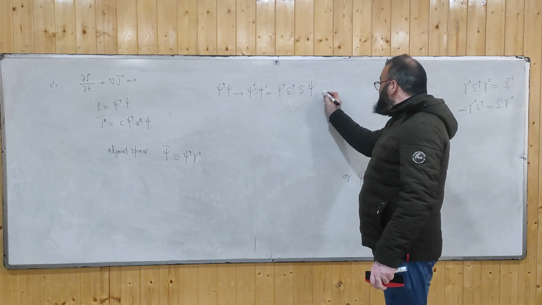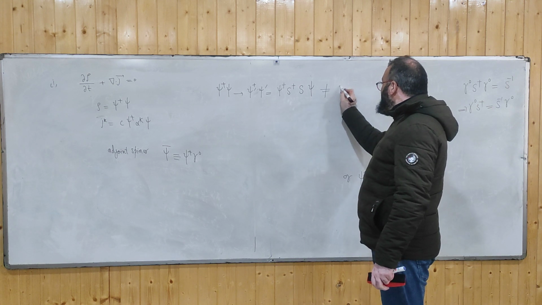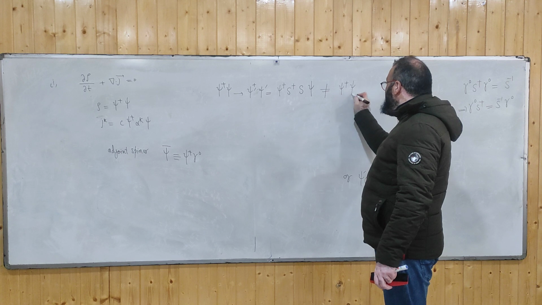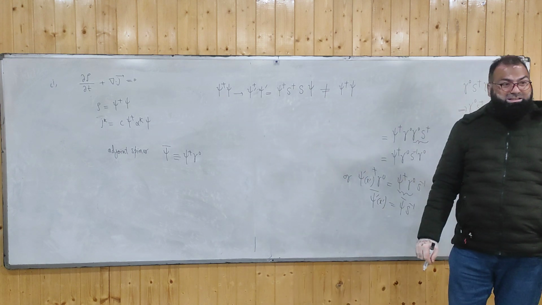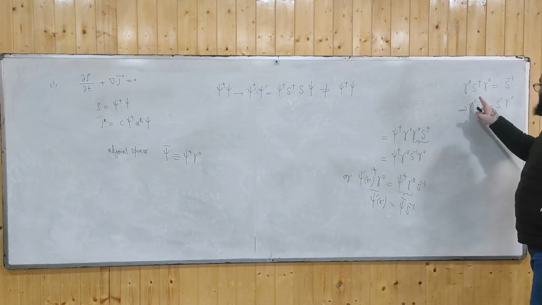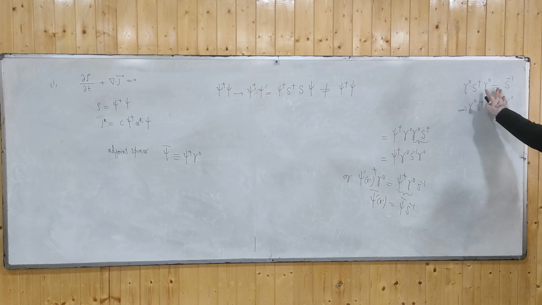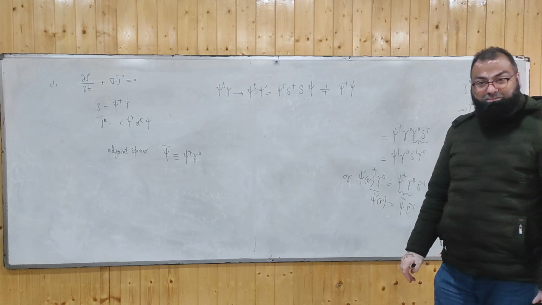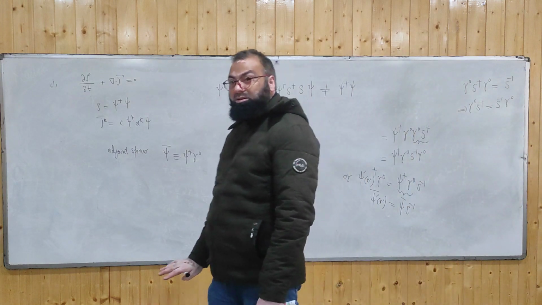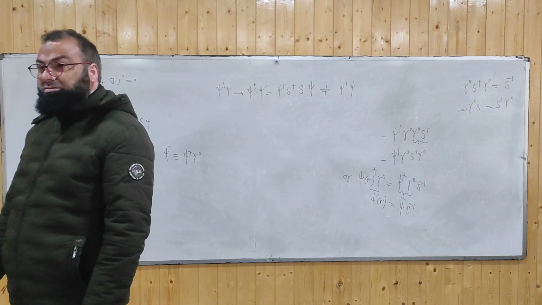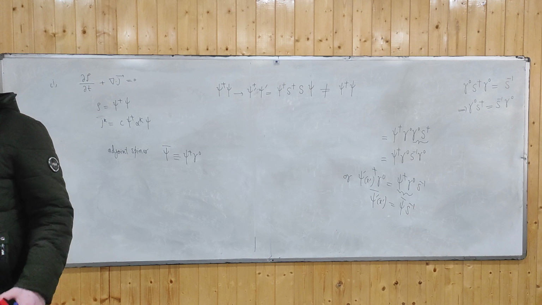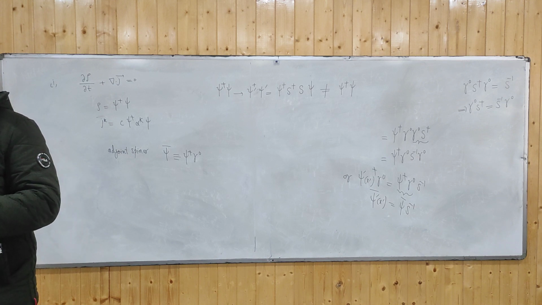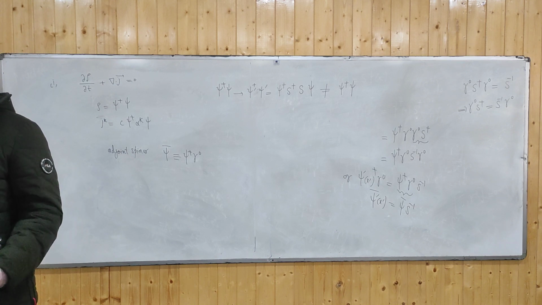So this is not equal to psi dagger psi. This identity holds for the inverse relation. Clear? So it means this psi dagger psi does not transform as a scalar quantity.